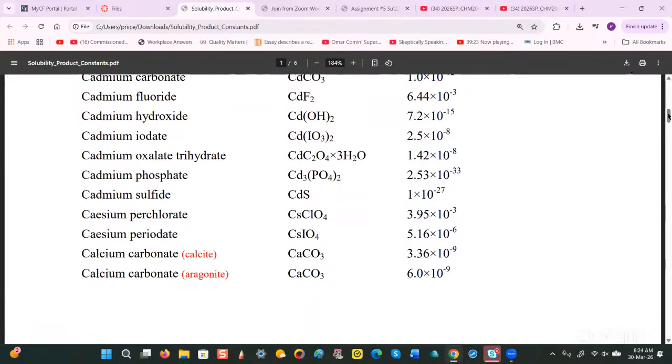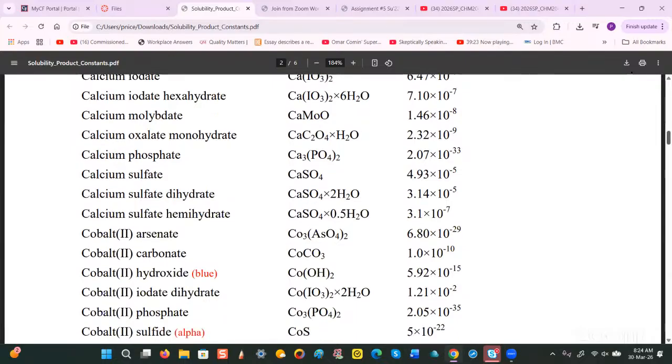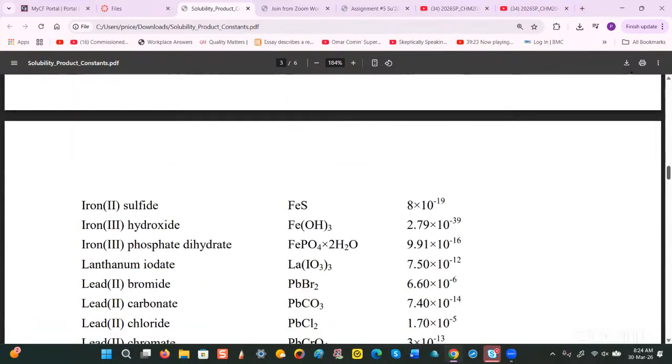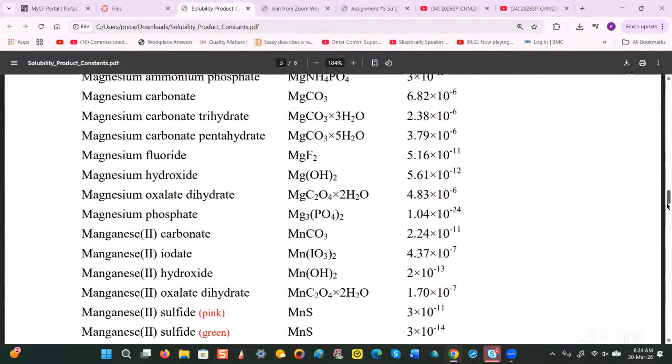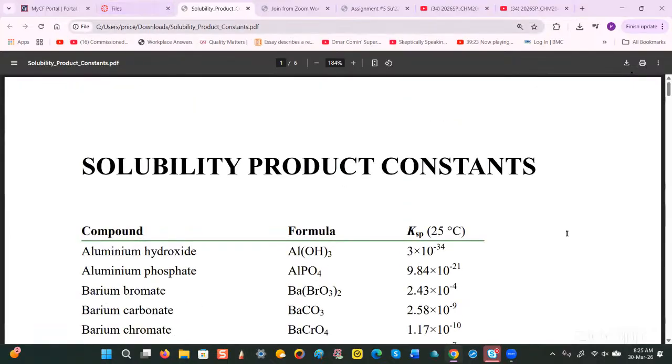Which is typical of solubility product values. So it's not unusual for you to have a KSP value that is very small. That's to be expected because the concentration of ions in these solutions are very small, all right? Okay, so this table, of course, you'll have access to when it comes to your tests, final exam, and so on, all right? I'll make sure that that's available to you.